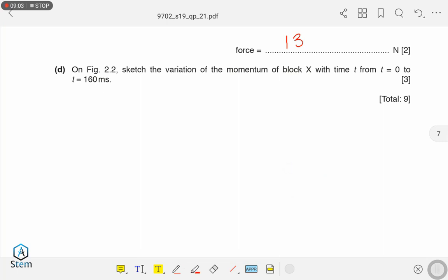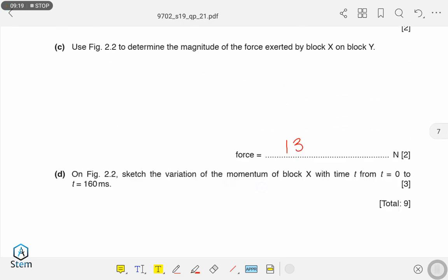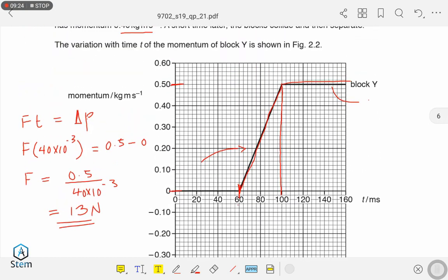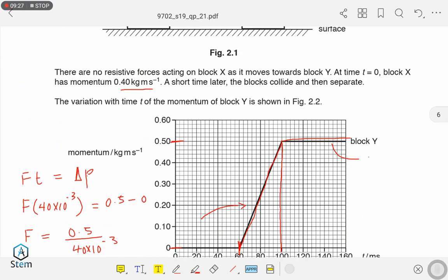On Fig 2.2, sketch the variation of the momentum of block X with time t from t equal to 0 to t equal to 160 milliseconds. So during the entire time, how did the momentum of block X change? Block X started with a momentum of 0.40 kg meters per second.